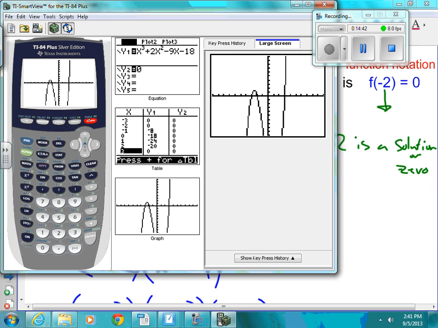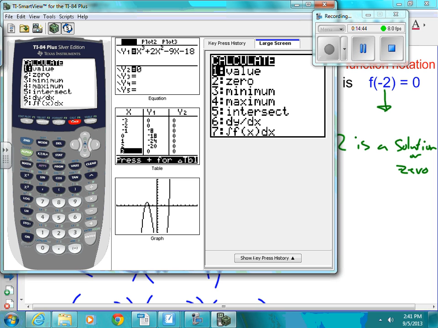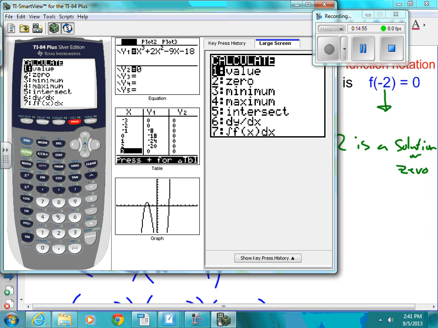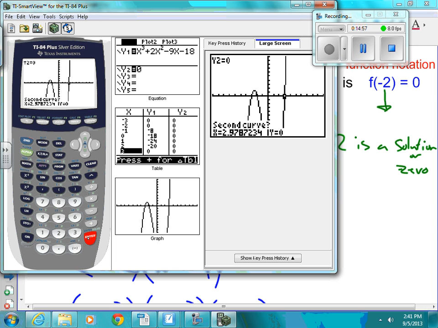Let's go back to the graph. I can hit second trace and go down to intersect and hit enter 3 times. There's a 0. I can do it again, enter twice this time, and then I'm going to arrow over, so I put y2 equals 0. I'm going to arrow over so I get close to my other zero value. Hit enter, negative 2, which you're given.